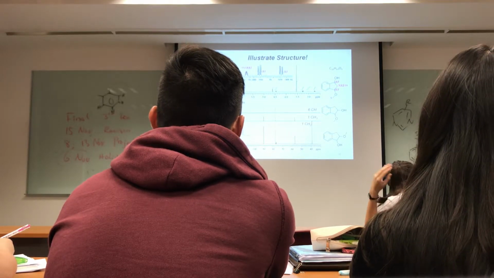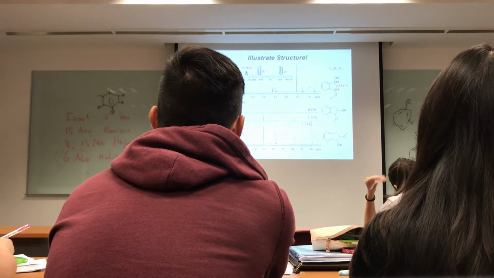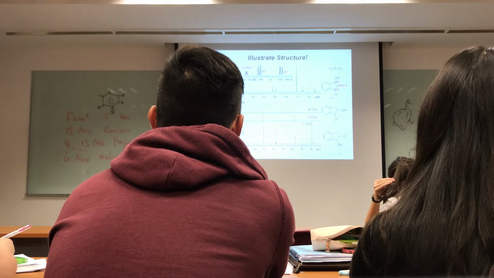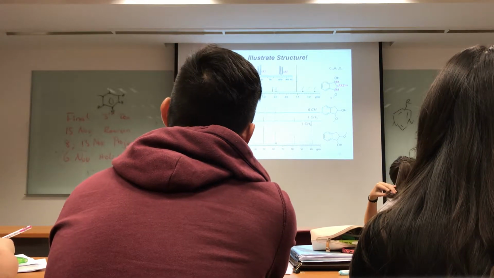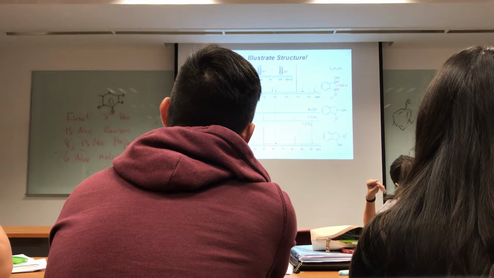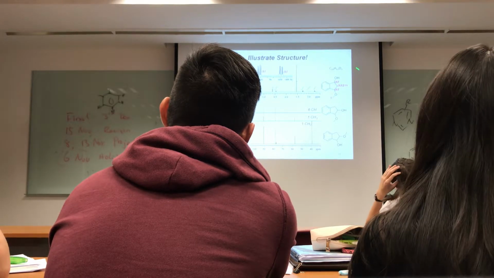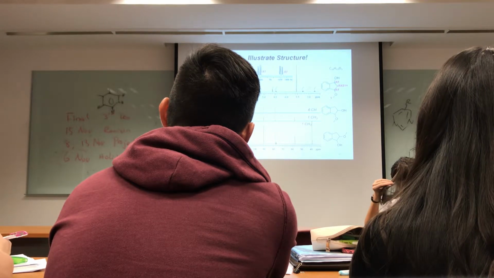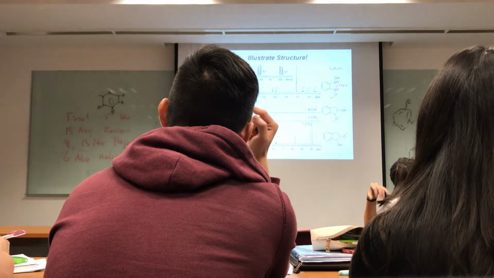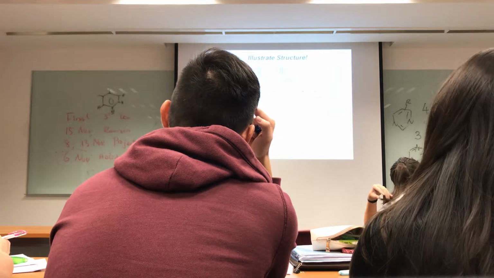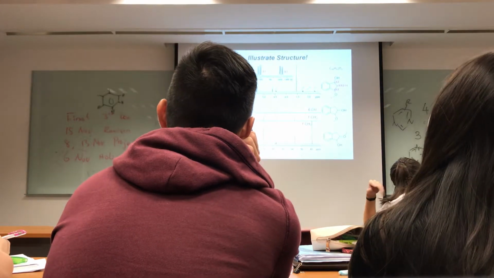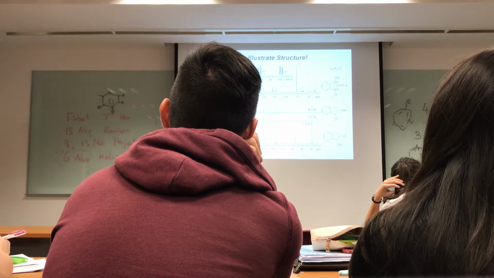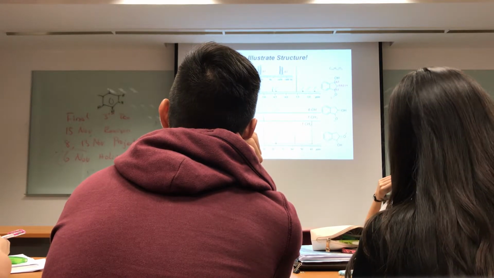For the middle CH2, each one will be a doublet of doublet of doublet because they couple to themselves. They also couple to this one, also couple to this one. They will be a doublet of doublet of doublet or a multiplet. This is for one. Does it match? You don't have any doublet, right? You have doublet of doublet, doublet of doublet, or a multiplet. Then you don't have this doublet. That's why that's not possible for the first one, right?